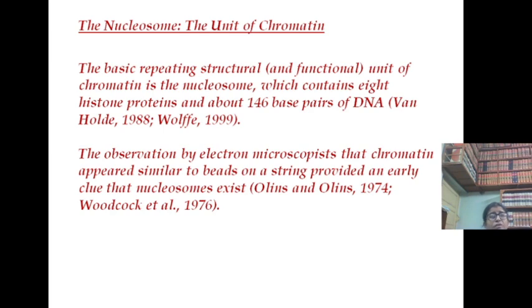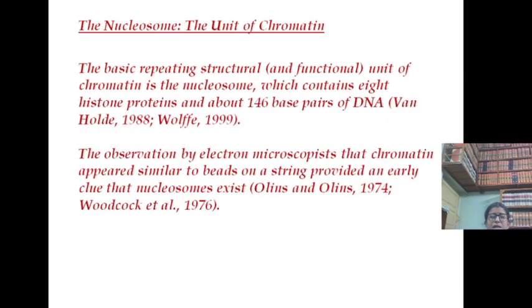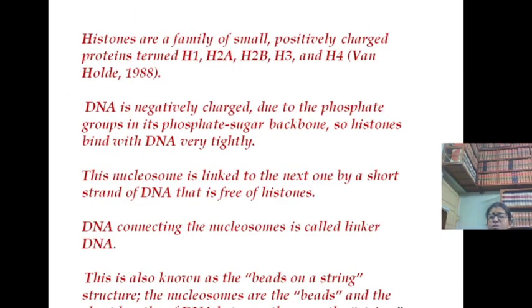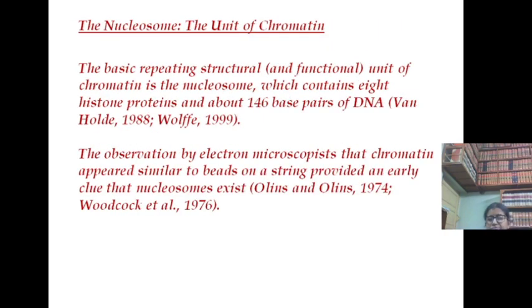Mind you, there are 5 histone proteins. Amongst the 5, you have 4 histone proteins here: H2A, H2B, H3 and H4. As we go into the structure, we will see that H1 comes a little later for the packing. So, 146 base pairs of DNA and 8 histone proteins.